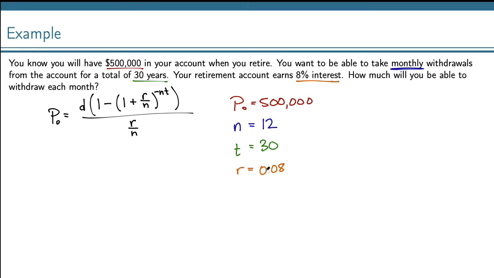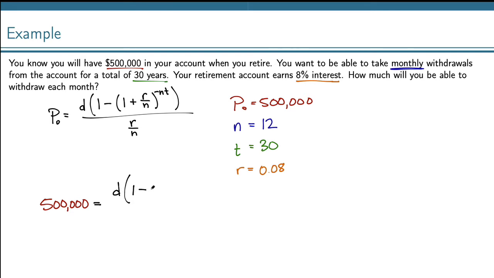Okay, so now we're going to take each of those and plug them into this formula wherever they go. So starting off with our P naught, we have $500,000 equals D, we don't know, that's what we'd like to find, so we just leave that.